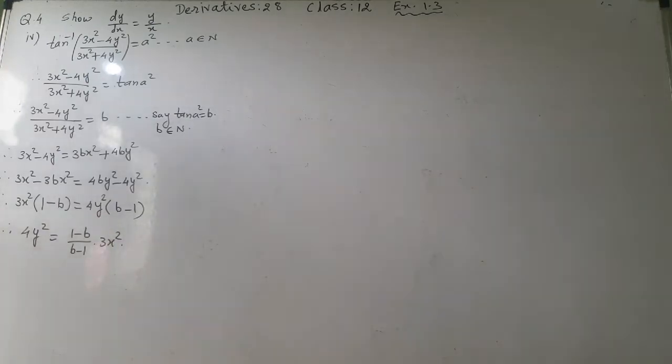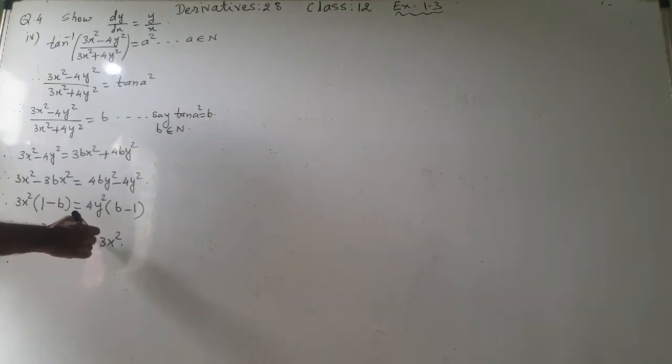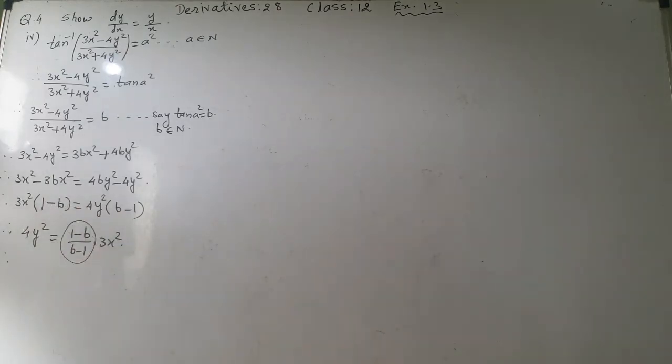Hope that you have understood this. Is it clear? Therefore, this much part once again is a c. This much part is c. It is again a constant.